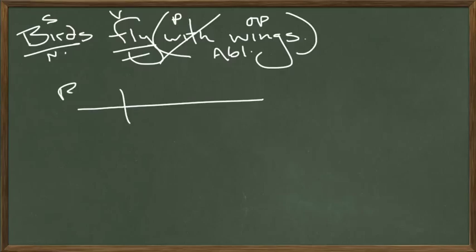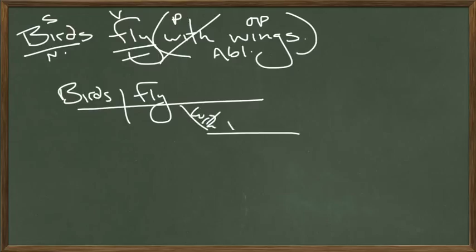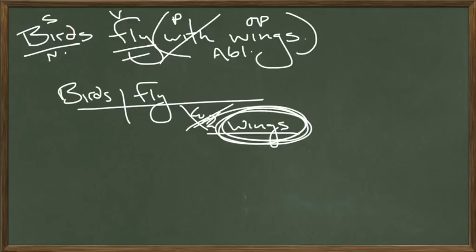Okay. Birds fly with wings. We're going to get rid of with because they're using their wings to get the job done. When we translate this into Latin, we will have aves volant.